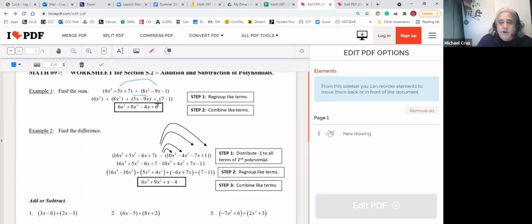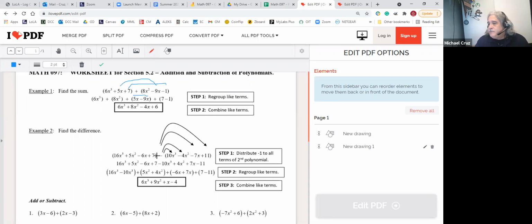That's 5x minus 9x, and we always have to get the signs right. So 5x take away 9x is negative 4x. And lastly, the constant terms, the ones without the variables, 7 and negative 1. 7 minus 1 is 6. So the 6x cubed comes down because it didn't have anybody to meet up with. The 8x squared comes down, since it doesn't have one like it. And then these two come to be negative 4x, and that one comes to be 6.